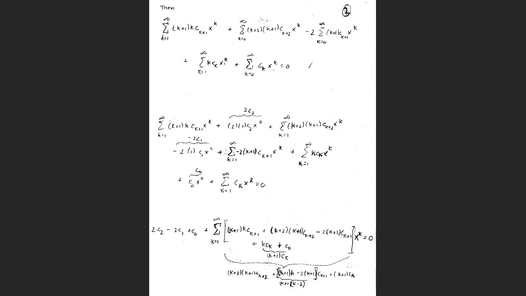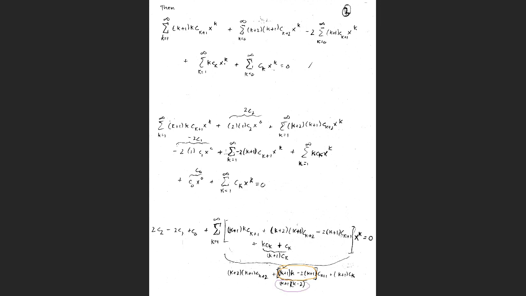In other words, k plus 1 times k minus 2 times k plus 1 can be written as k squared minus k minus 2. And that can be factored then as k plus 1 times k minus 2.